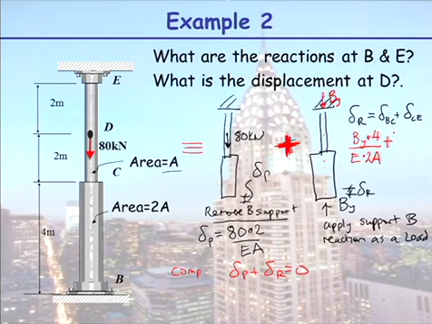So once again, our force is BY, our length is 4 metres again, but our area this time is just equal to A. So when you add those things up, you can see that 2 cancels out with 4, so you've got 2 plus 4. You get a value here of 6 BY on EA.